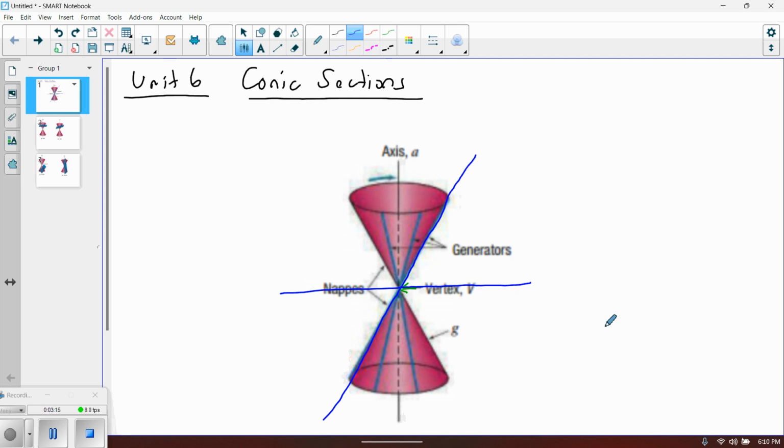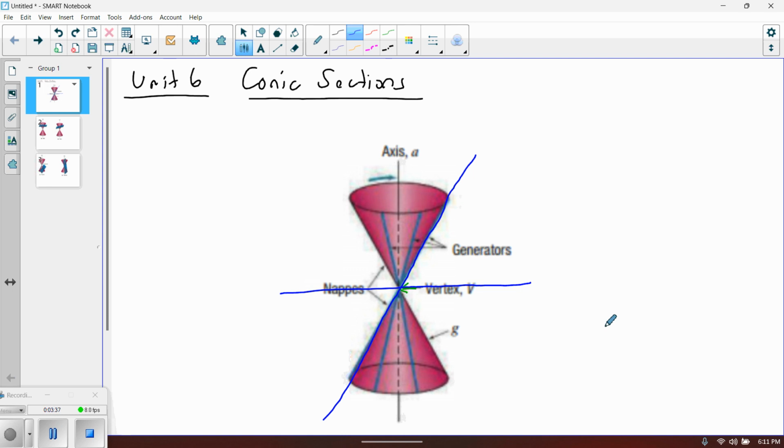So those are two very easy geometric figures that we can get out of this. If you slice it right through the center, it's just a point. If you slice it right along the outside of the cone, it just forms a line.